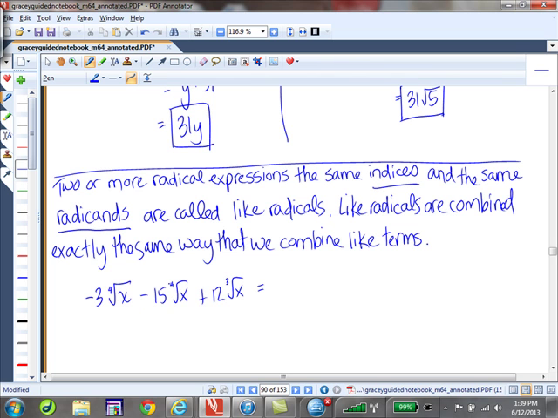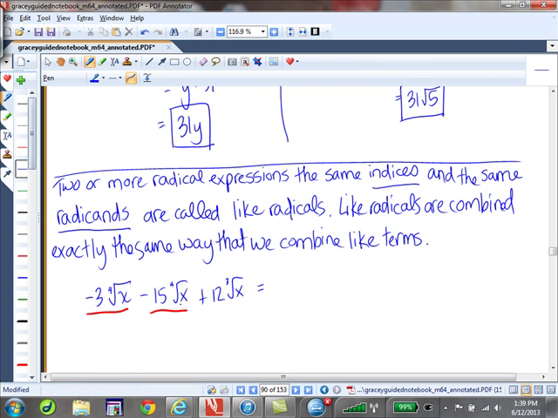The second term, the index is 4, the radicand is x. So these are like radicals. But the third one, the index is 3, and the radicand is x. So since the index is different, this is not alike with the others. So we leave it alone.